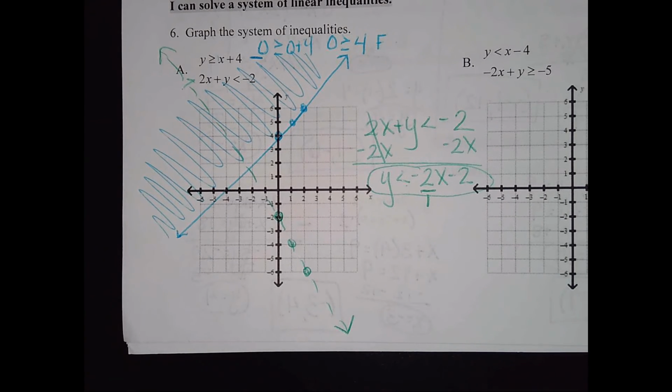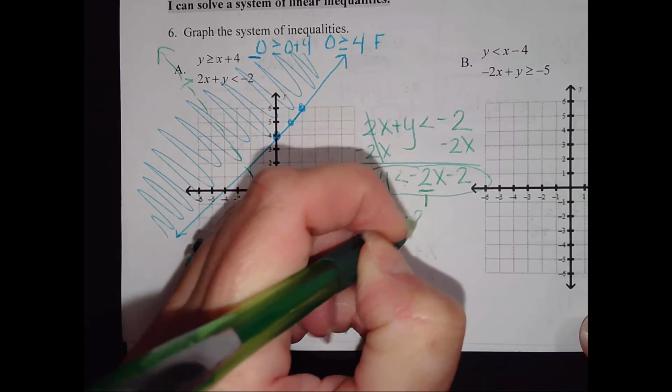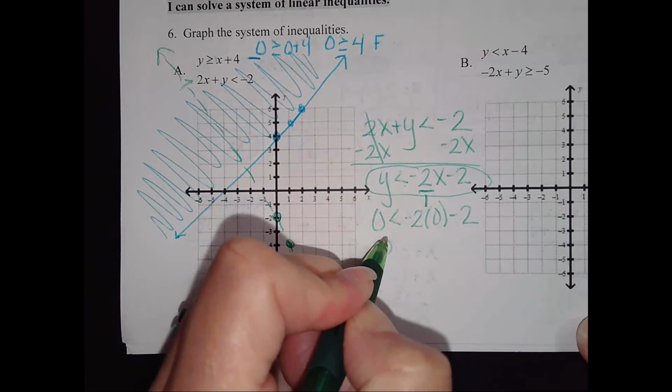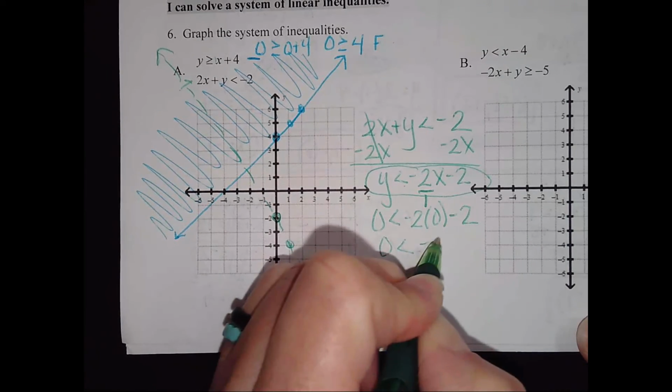Then you have to pick a test point, because we have to figure out where am I shading. So what do you want to pick for your test point? 0, 0. So we have 0 is less than negative 2 times 0 minus 2. So we have 0 less than, let's see, that's 0, negative 2.